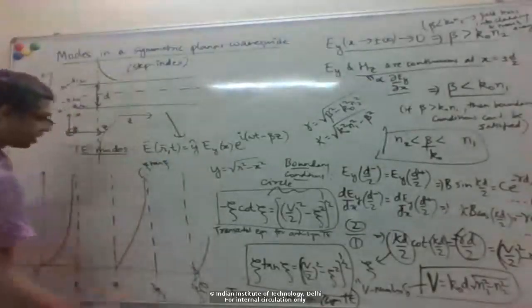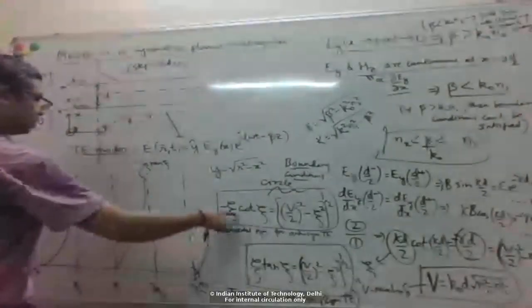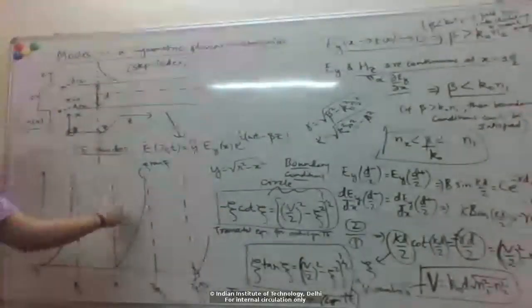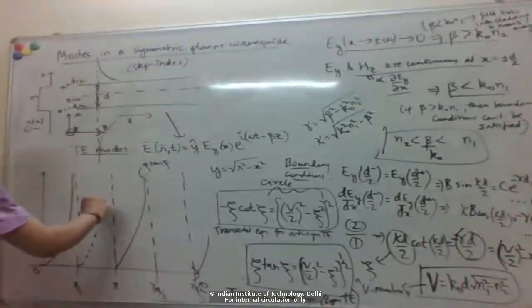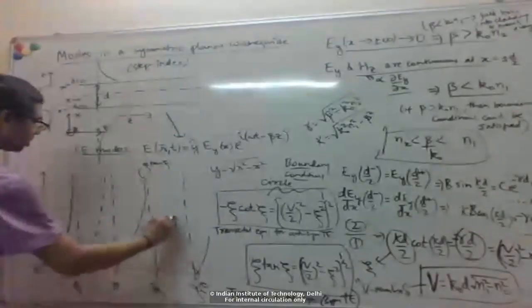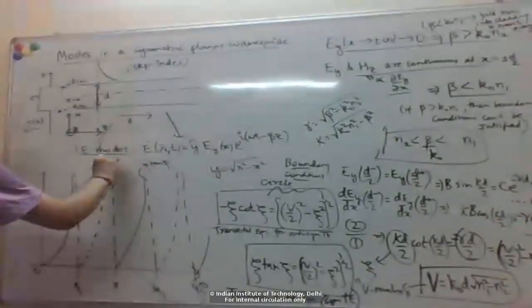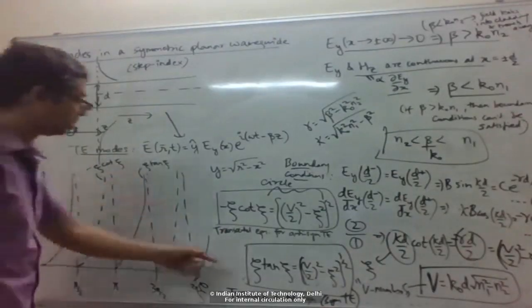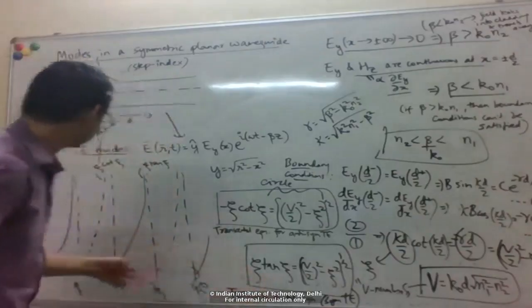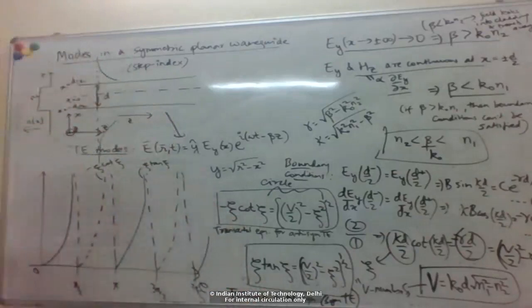Again, it will start again from here, and then this cot function will occupy the other region. If I draw a dotted line here, this dotted line would be the cotangent. The solid lines correspond to the symmetric TE modes, and the dotted lines correspond to the anti-symmetric modes.